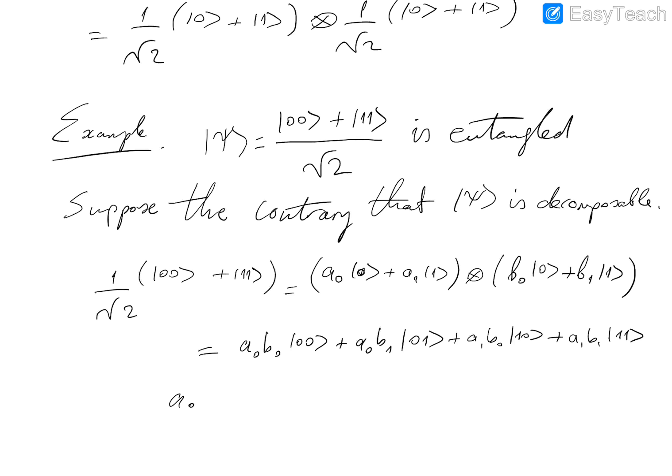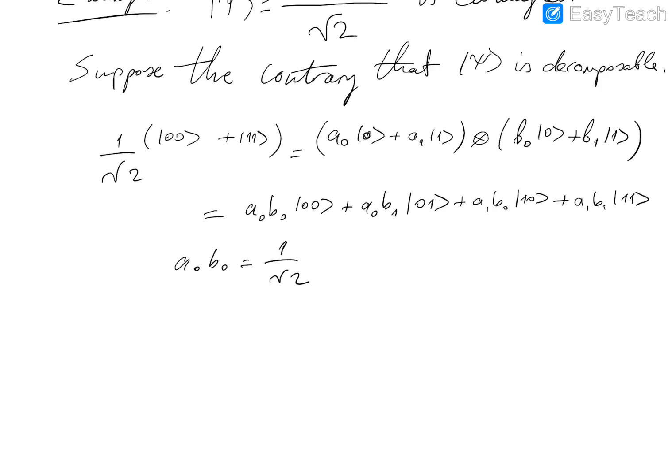A0 times B0 must be equal to 1/√2, and A1B1 must also be equal to 1/√2, and the rest of the amplitudes should be just 0.